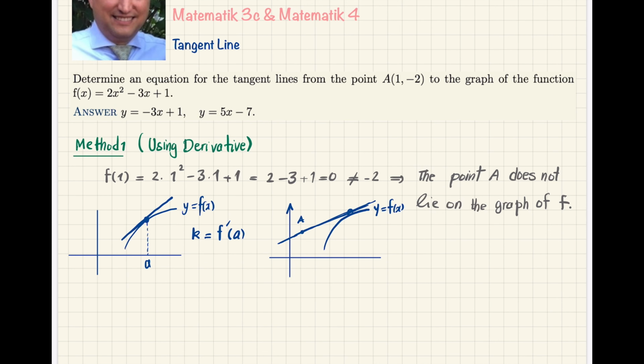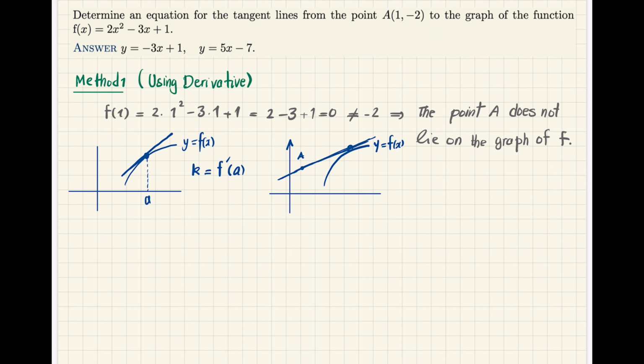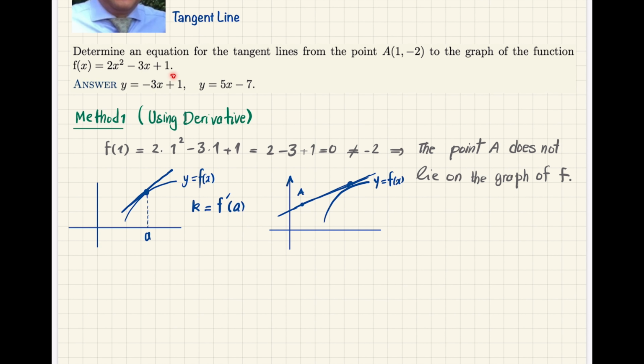Okay, so how can we do that? You can pretend that this is the graph of this function. Of course, this is far from reality, but it doesn't matter. So what you do in the first method, you say that, okay, I can pretend that I know this point of tangency, that I will call t. How do I pretend? I would say that, okay, let us consider the point of tangency is a.